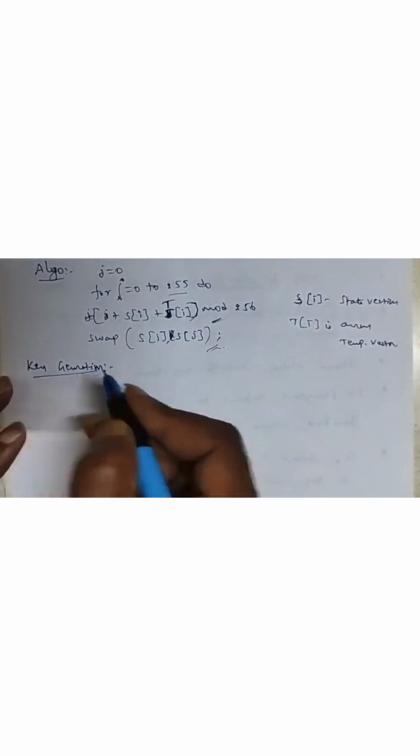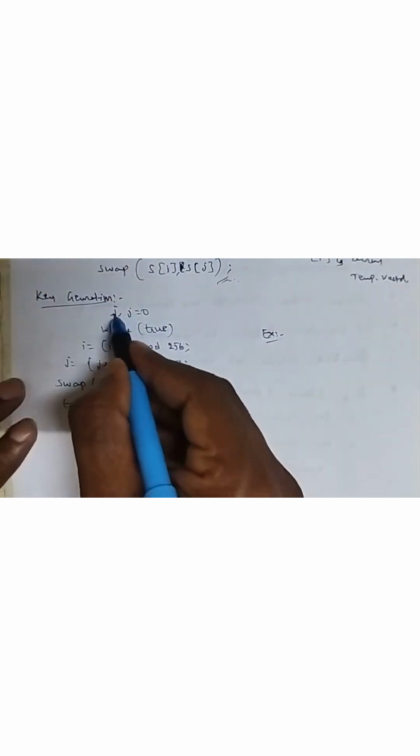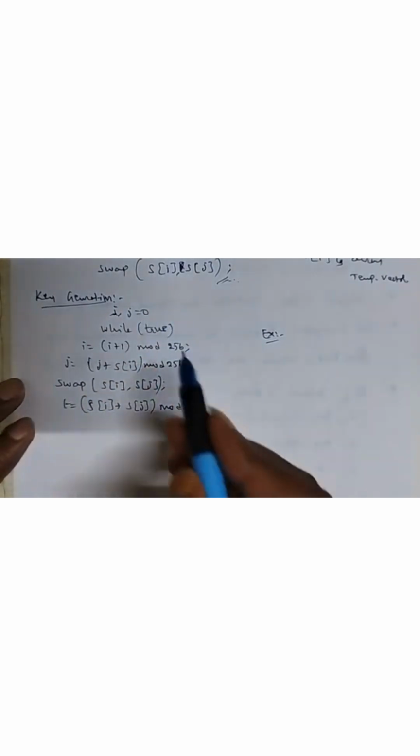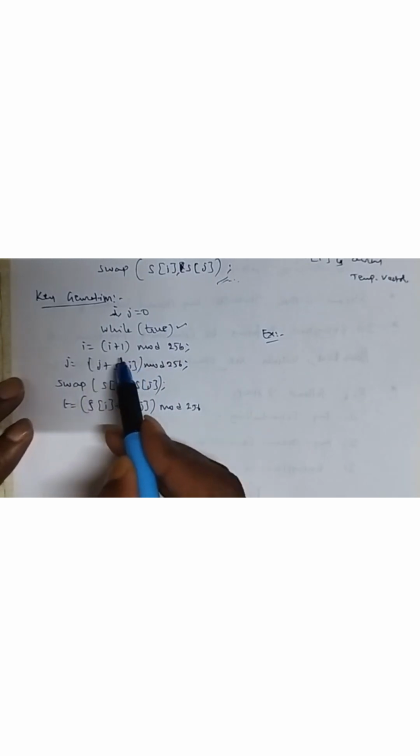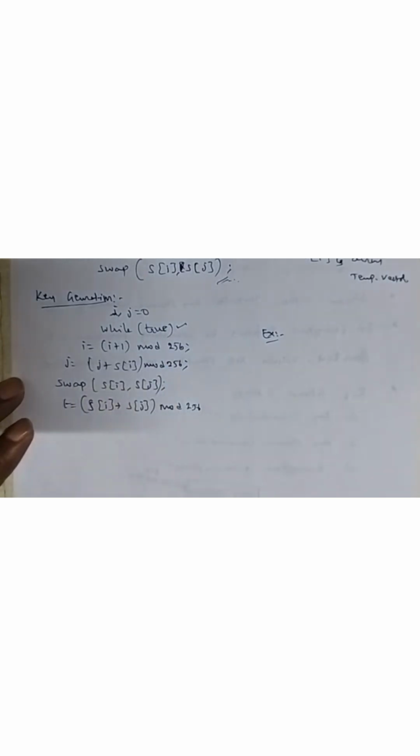Next one, we will see key generation. What is the meaning of key generation? Here, again, we have one more algorithm. For time being, I am writing and I will explain. Okay, the key generation algorithm is i, j equals to 0. While the condition is true, what iteration do we have to perform? i equals to i plus 1 mod 256.